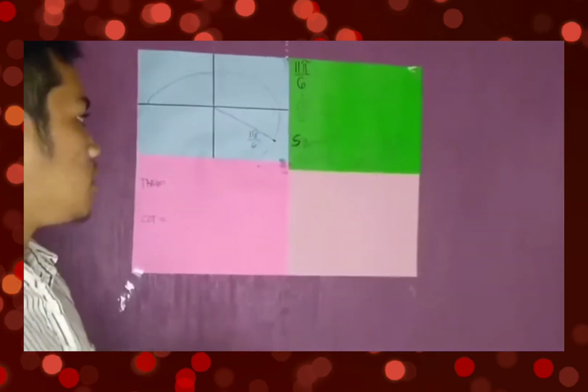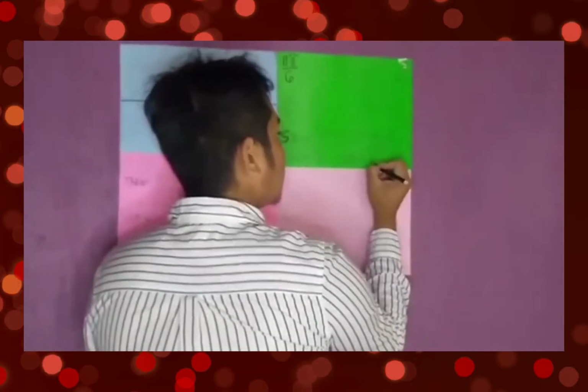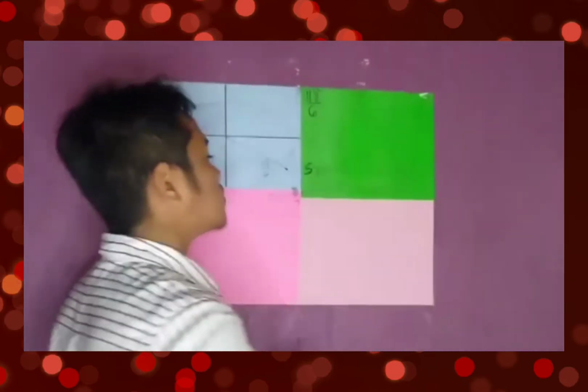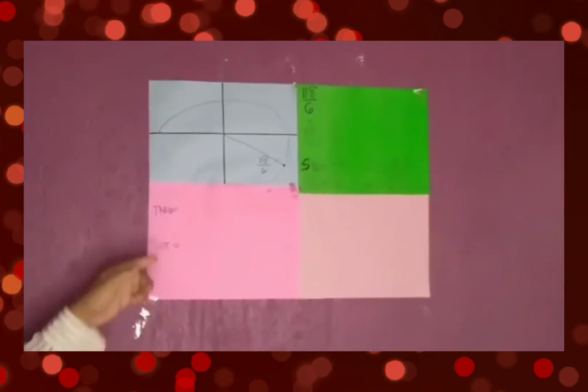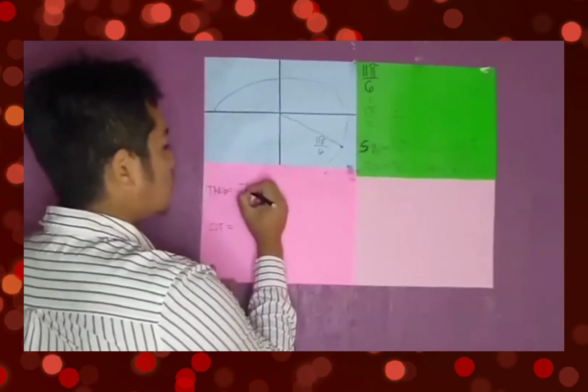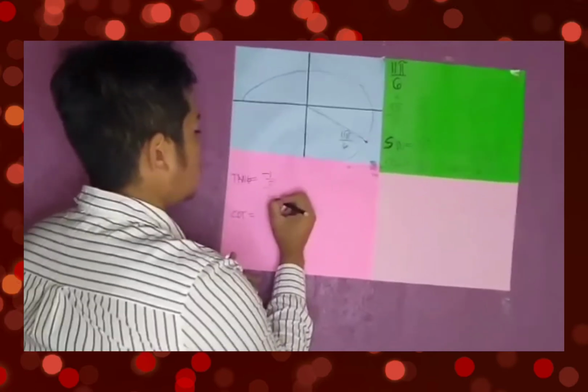The tangent is equal to y over x. So negative 1 half over square root of 3 over 2.